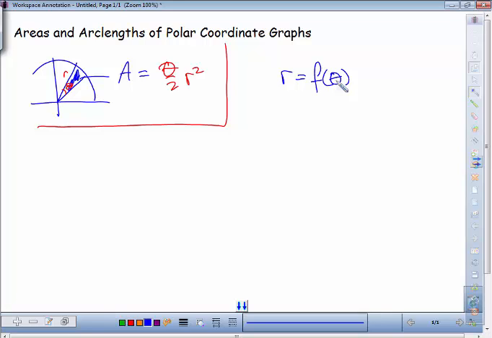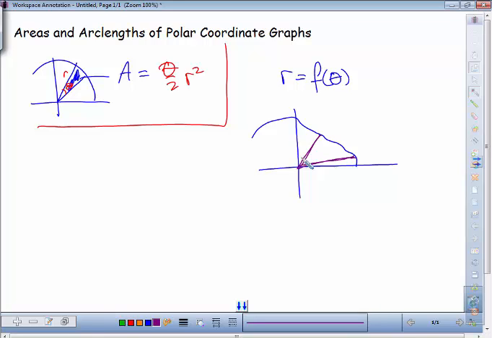polar functions, r as a function of theta, being drawn out for some value of theta. Now this could be whatever it's going to look like. An example that we had was a cardioid, or it could be a spiral or whatever. We might be interested in finding the area, and we wouldn't say it's below the x-axis.